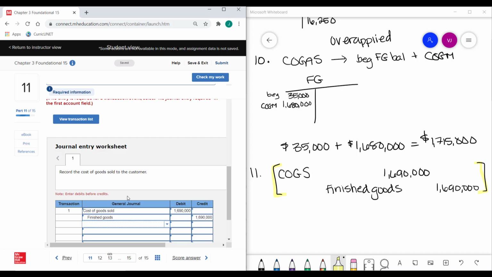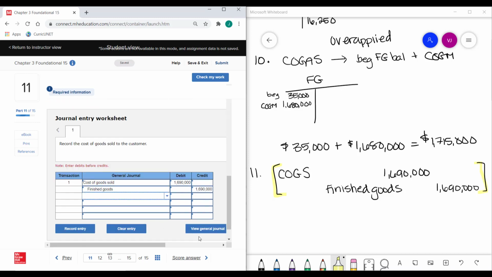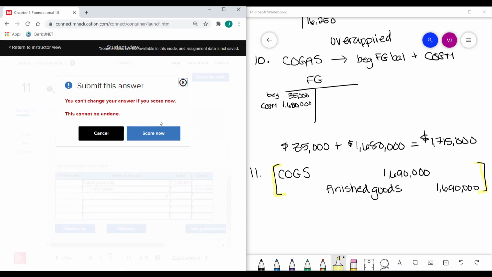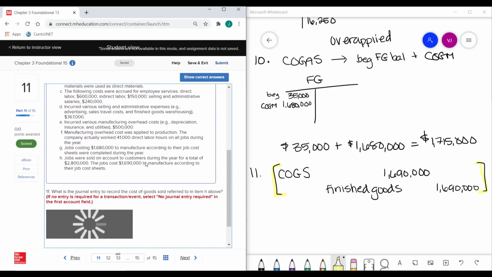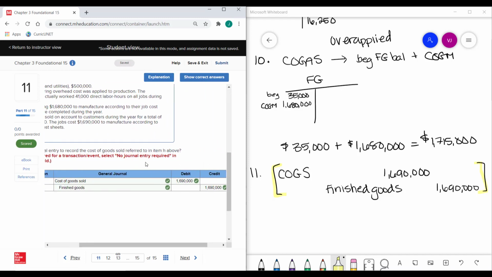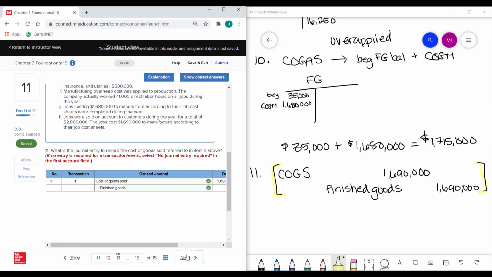But this is just the cost of the sale being journalized. Okay, that one looks good as well. On to number 12.